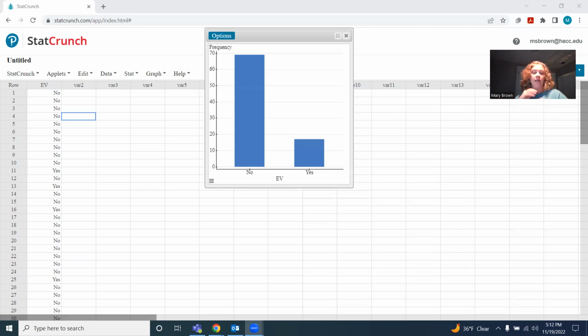For me, even before I asked this, I assumed that less than half of HAC students would have driven or ridden in an electric car. So my alternative hypothesis is that the proportion will be less than 50% for the population of all HAC students driving or riding in an electric car.